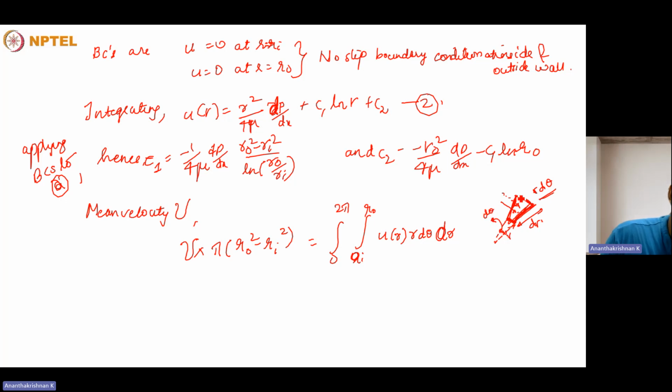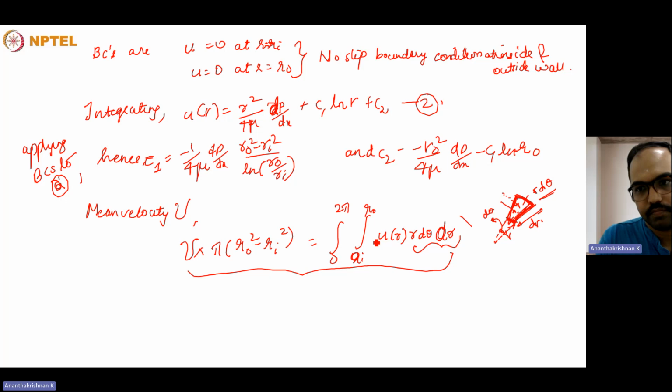So the width of this control volume is r d theta. Therefore, the area through which the flow happens is r d theta into dr, multiplied by the local velocity. This integration will give us the mean velocity value.